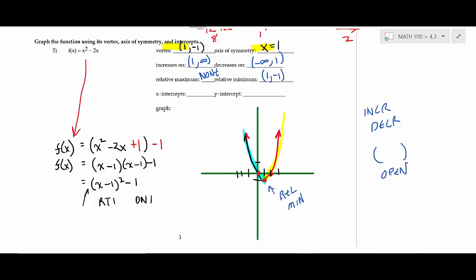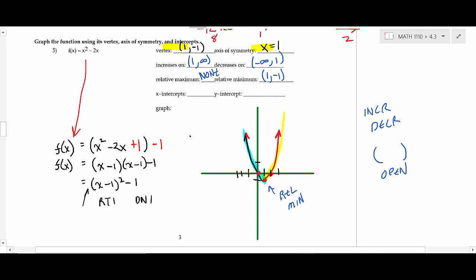At this point right here, we don't consider that to be increasing or decreasing. In a calculus class you learn you're increasing when the slope is positive, and that slope is 0. You're decreasing when the slope is negative. At this stage of college algebra, just use open intervals. You get into that more in a calculus class.